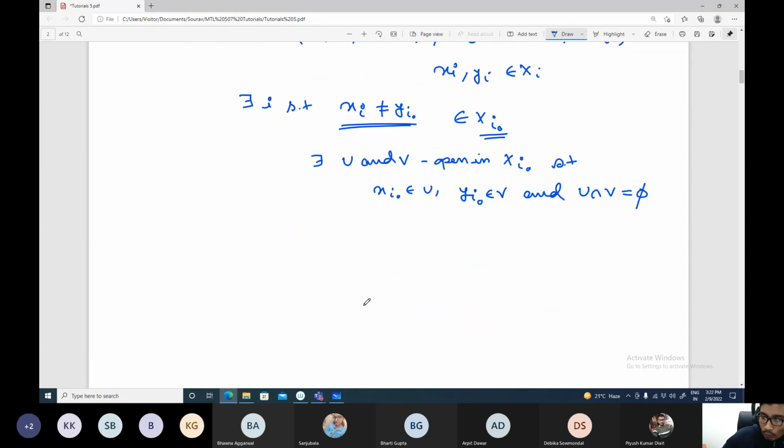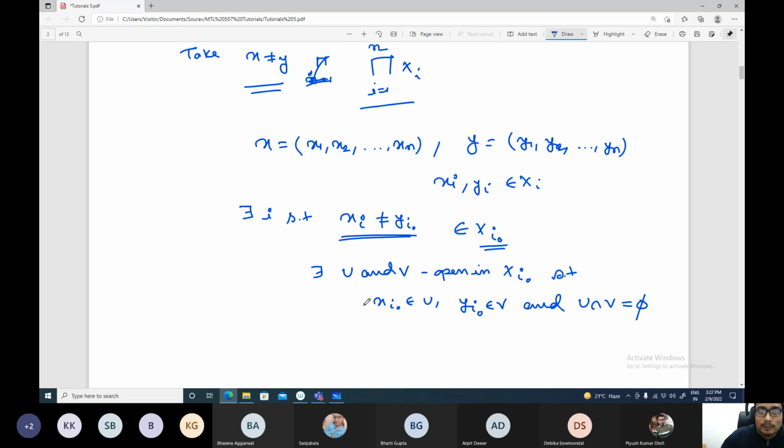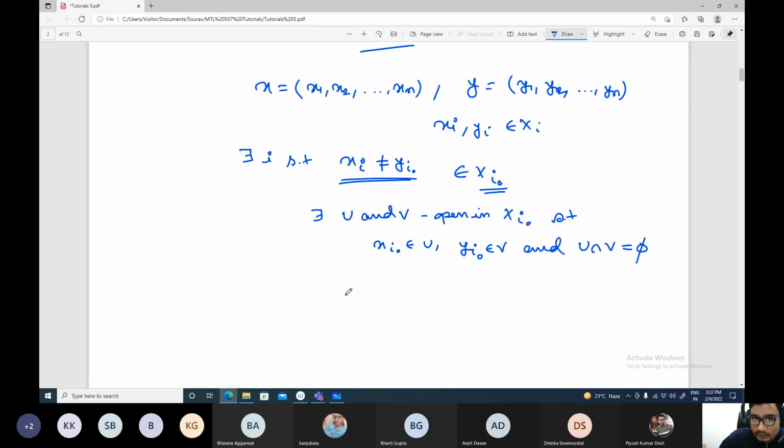Right. Then what should be your final open sets which contain x and y? Let's name them U i naught and V i naught. I'm just fixing the index.